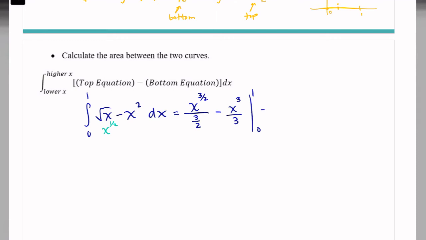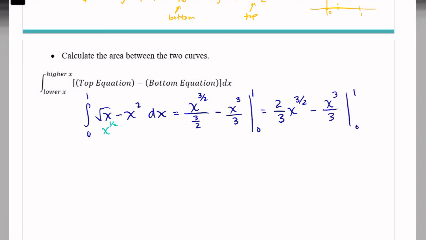I'm going to rewrite a little bit first because I don't like fractions inside of fractions. So dividing by 3/2 is the same as multiplying by 2/3.